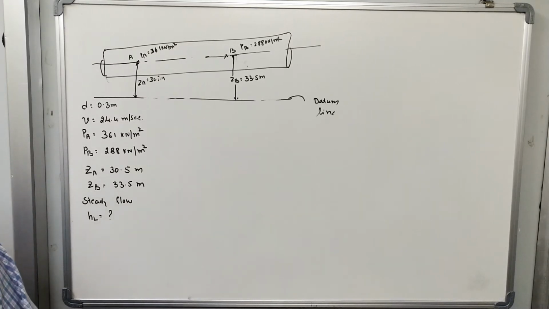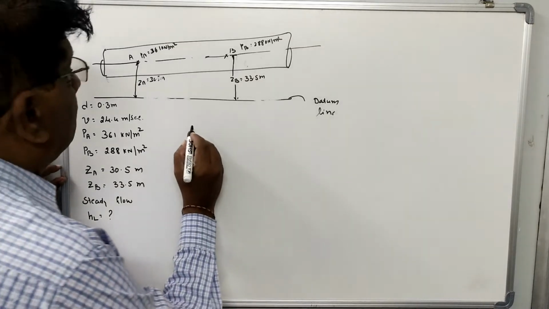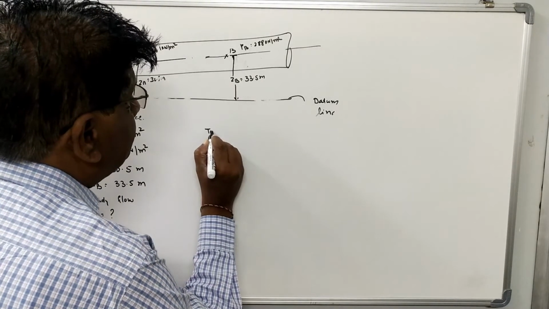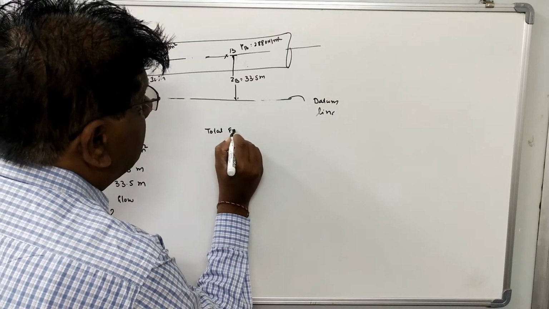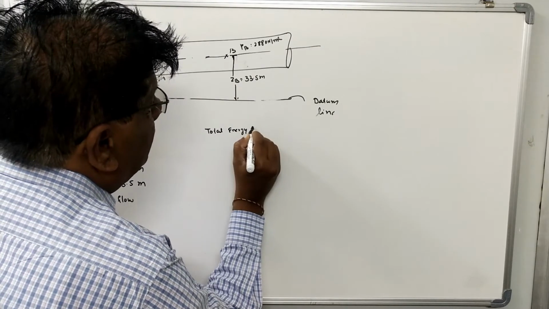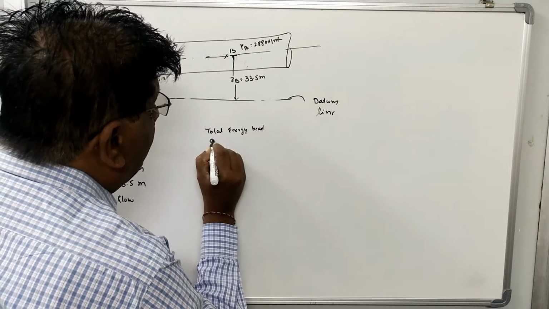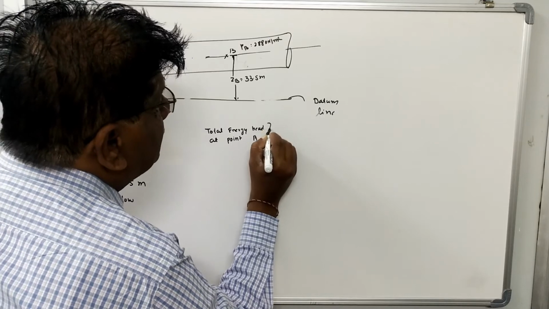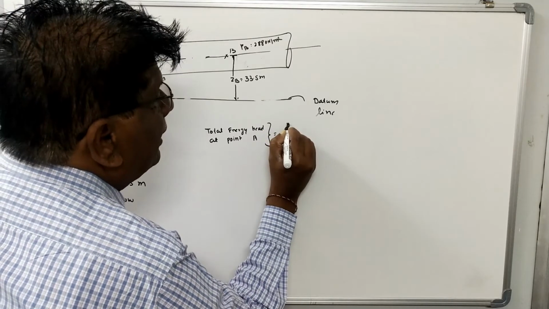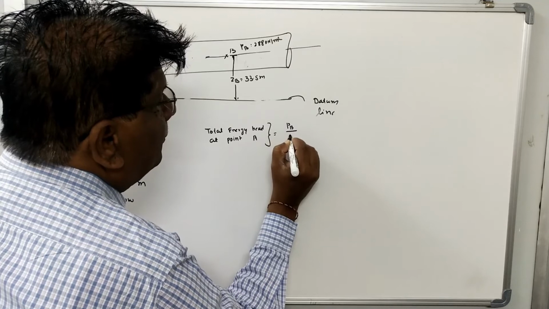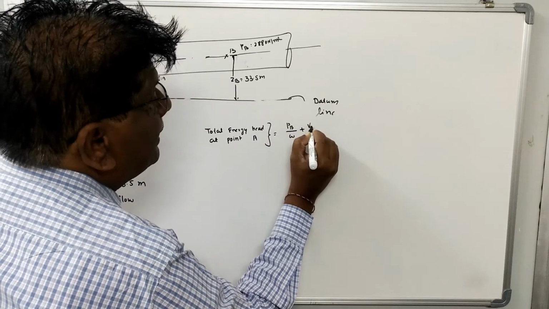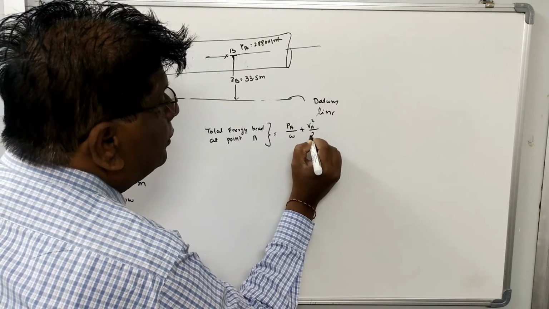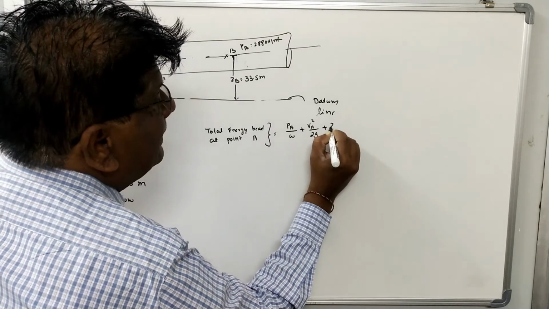Okay, so for this, first let us calculate the total energy head at point A. It is the pressure head PA by W plus VA square by 2G plus ZA.